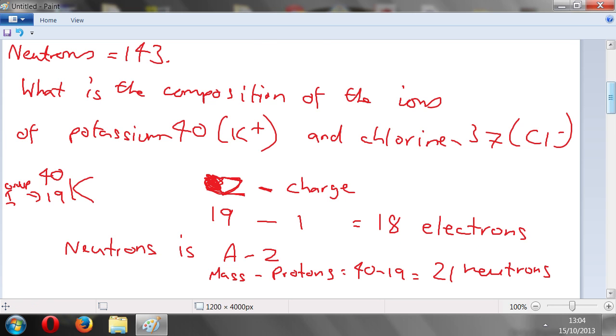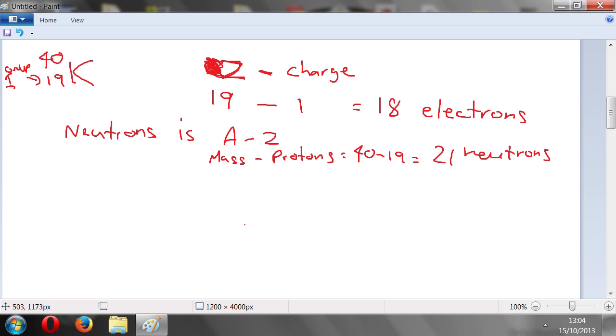And obviously 19 protons, because that's the elemental identity. If that wasn't the case, it wouldn't be potassium. So really, it's best to look at the atomic number as the number of protons.